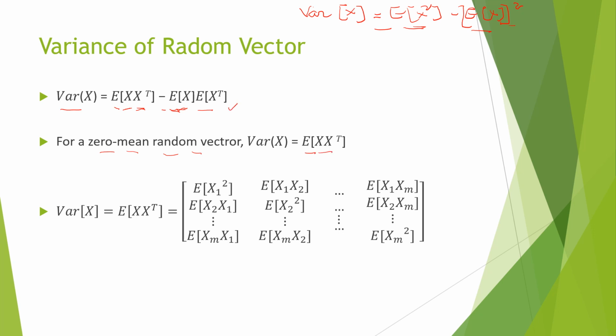Now variance of random vector X is equal to expectation of X into X transpose. Now how to compute this? First let us write the random vector X, that is given as x1, x2 up to xm. This is random vector X.